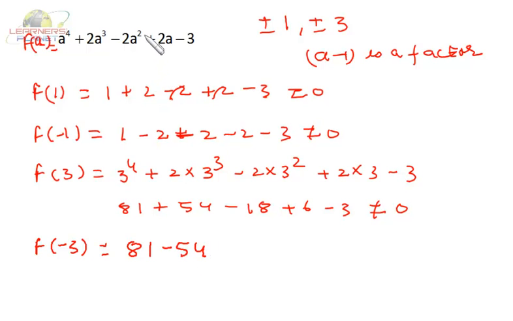Then 9 into 2, 18. Then 2 into minus 3, minus 6, and then minus 3. So we are getting 0 in this case. That means a plus 3 is a factor. Earlier we got a minus 1 is a factor. Now we are getting a plus 3 as a factor.